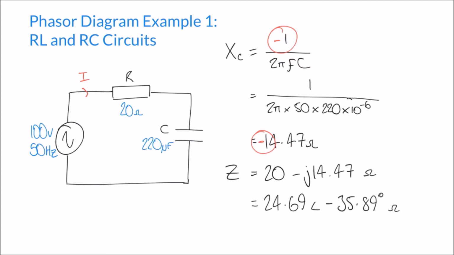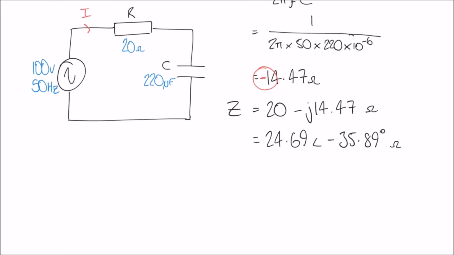So finally, we're going to do the same thing as we did previously. We're going to calculate the current in this instance, again using Ohm's law, voltage divided by impedance, and here we can say that the voltage again is our reference supply voltage, 100 volts at an angle of 0 degrees, divided by our impedance, which now is 24.69 at an angle of minus 35.89.